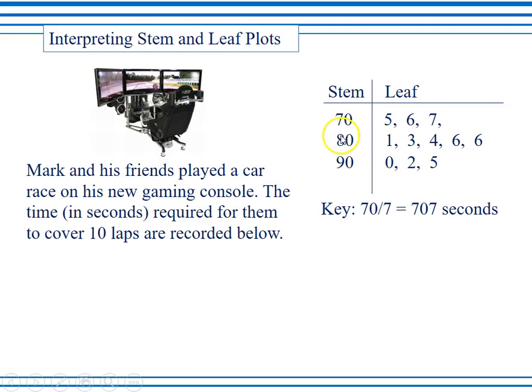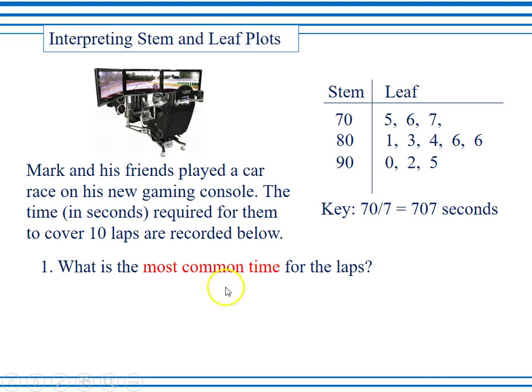So it took one of his friends 705 seconds, another friend 706 seconds, another friend 707 seconds. Again, notice how important the key is with our stem and leaf plot. What is the most common time for the laps? So we're looking for the mode.